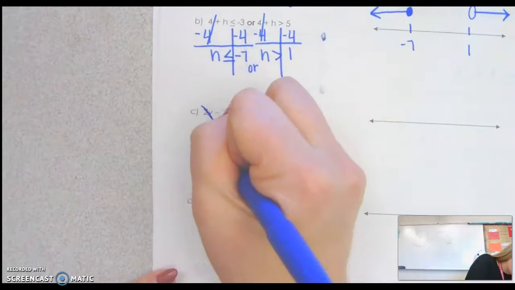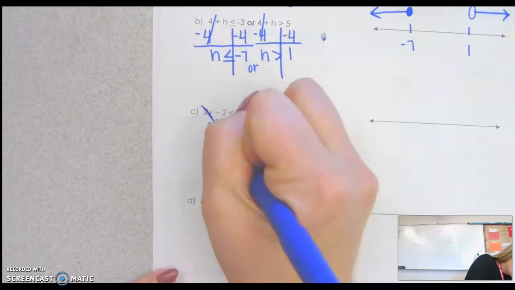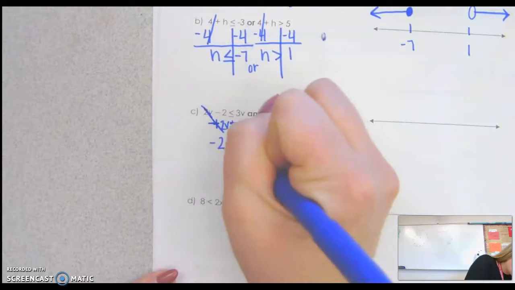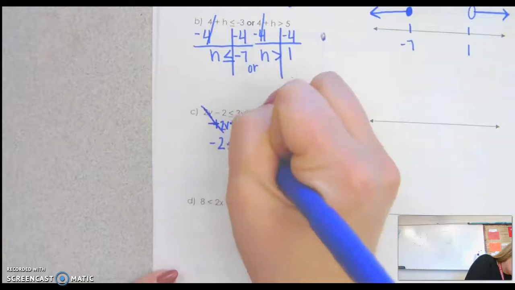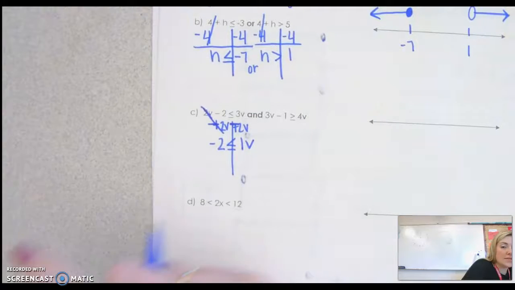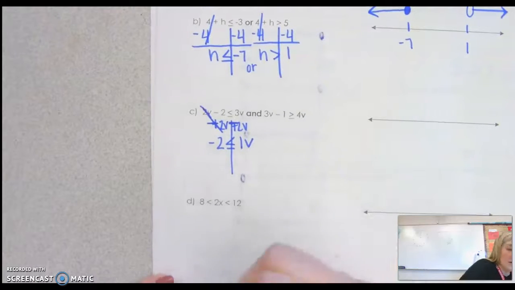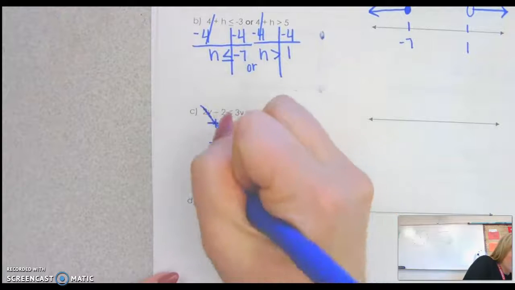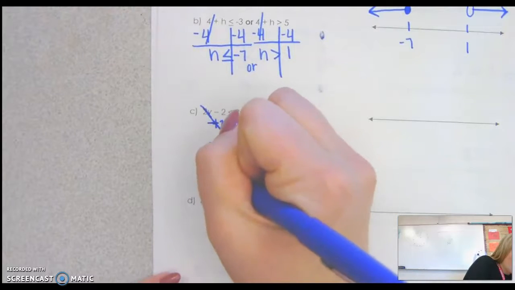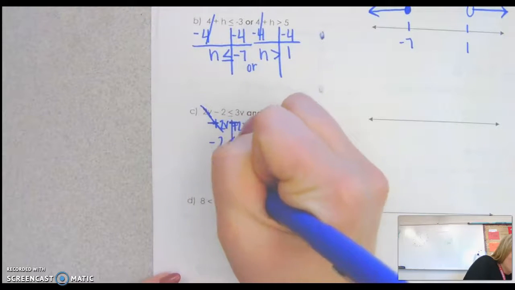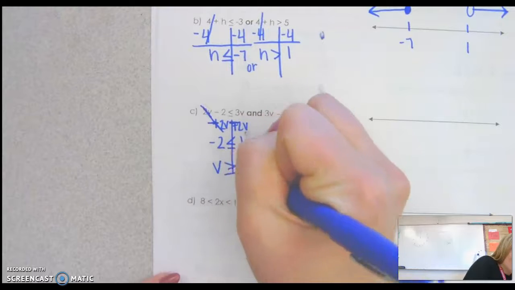And I'm left with -2 is less than or equal to 1V. And since it's just a 1, I don't need to divide it if I don't want to. But I am going to rewrite it with the variable on the left. So V is greater than or equal to -2.